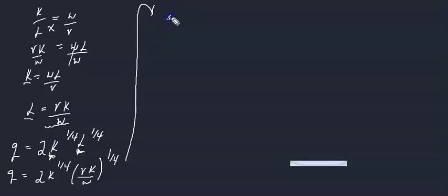So Q will be equal to 2k, 1 over 4. We distribute the power here. So we'll have rent 1 over 4, then capital 1 over 4, as well as W 1 over 4, like that.